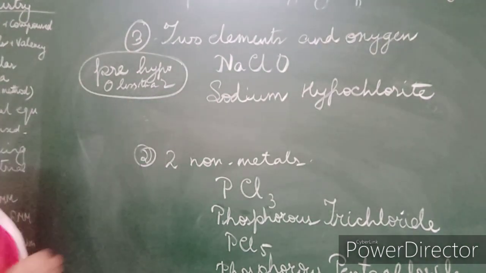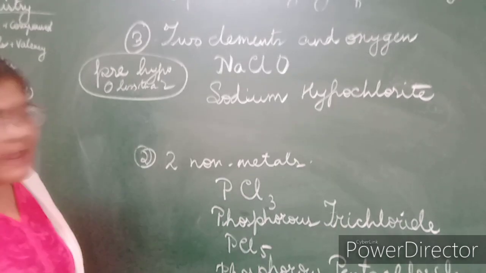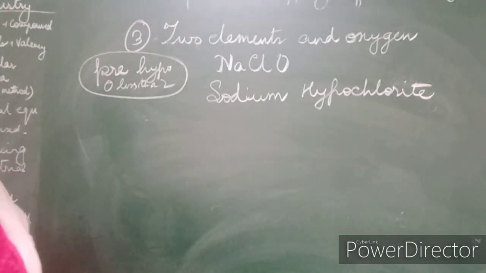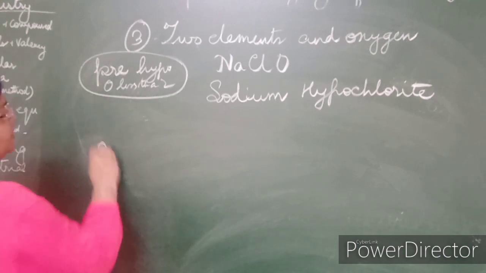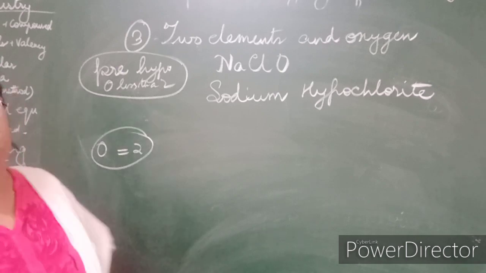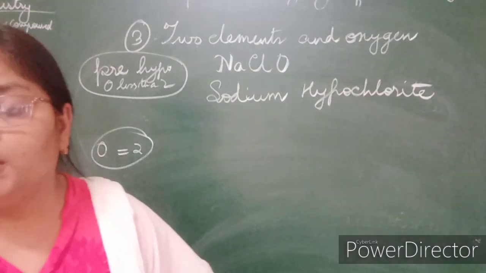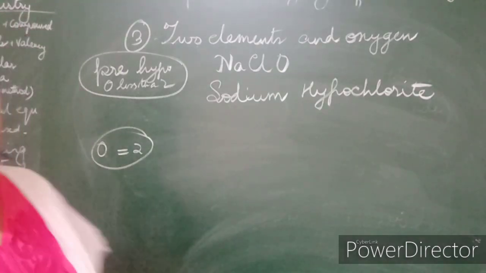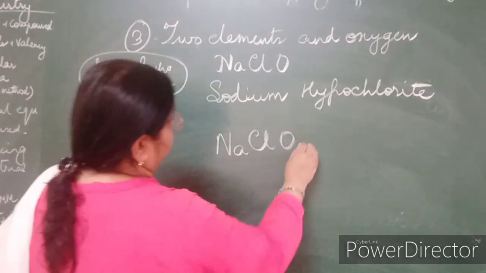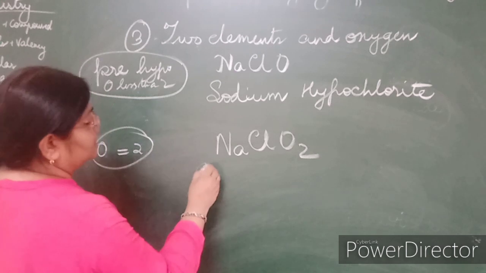Now if the number of oxygen atoms is equal to 2, then what happens? For example, NaClO2. How will we name it?